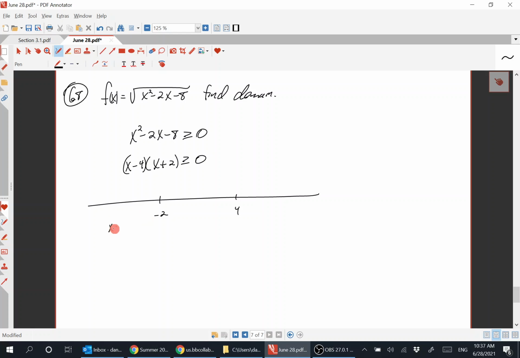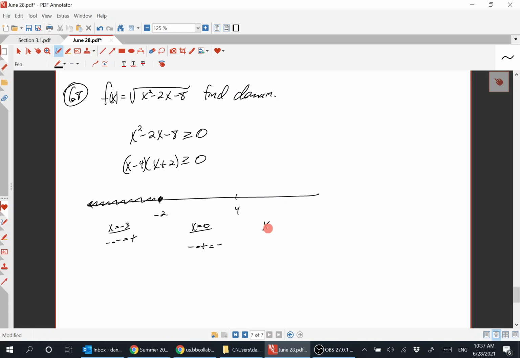Right, testing the intervals, for x equal to -3, these are both negative, so it's positive. So this is part of the domain, including the -2. In this interval, we try x equal to 0, and you get -8. Well, negative times positive, which is negative. So that's not part of the domain because that's less than 0.